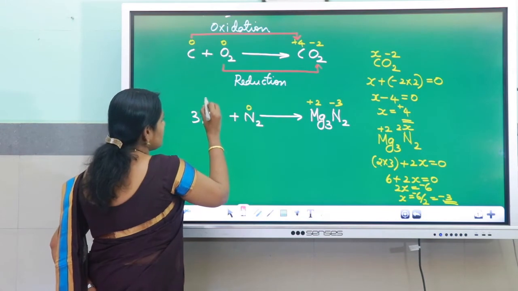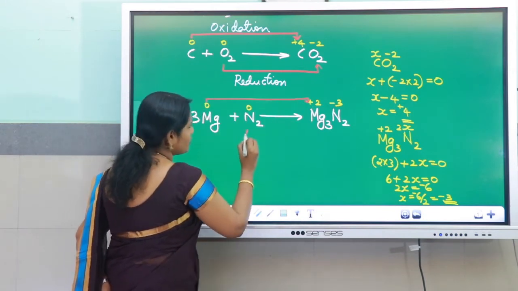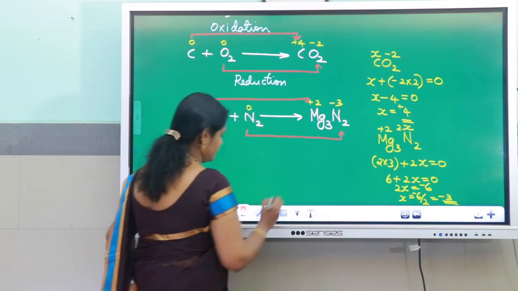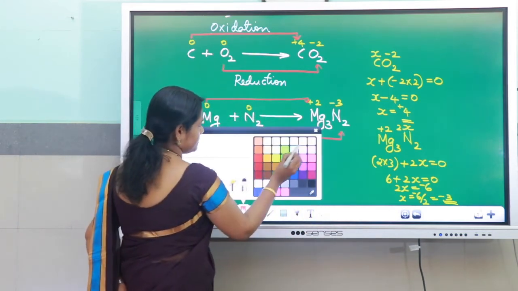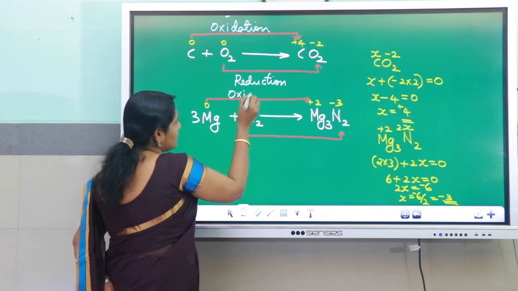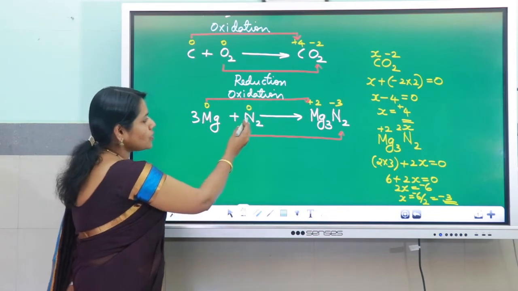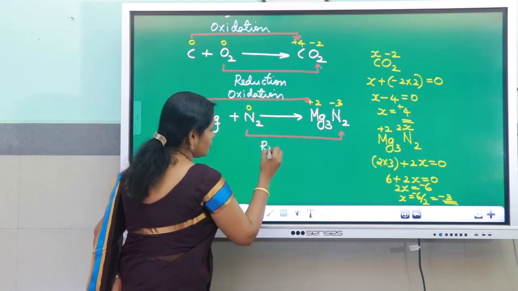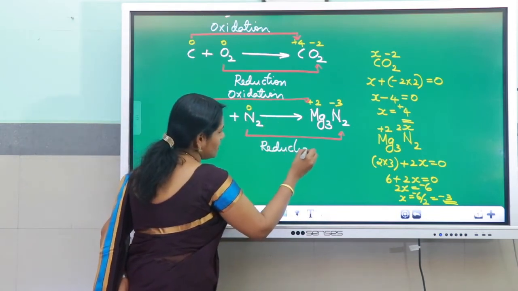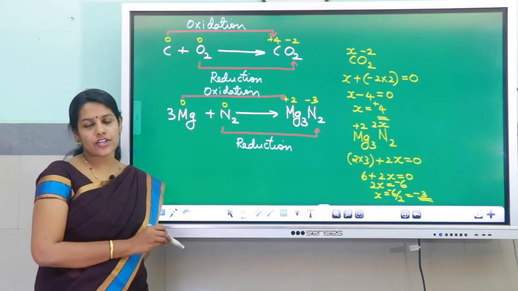So Mg 0 becomes plus 2 and nitrogen 0 becomes minus 3. Mg 0 becoming plus 2 is oxidation; there is an increase in oxidation number. N2 0 becoming minus 3 is reduction; there is a decrease in oxidation number. So this is a combination reaction.